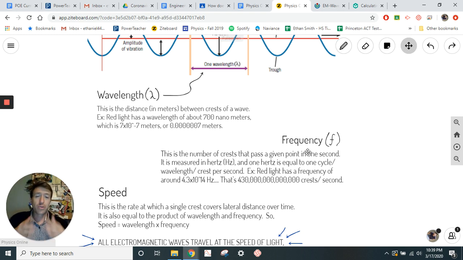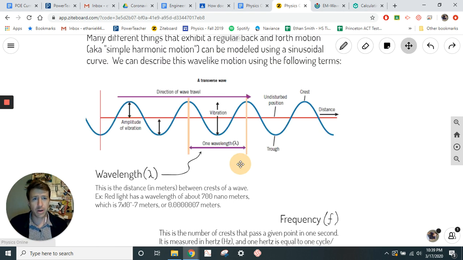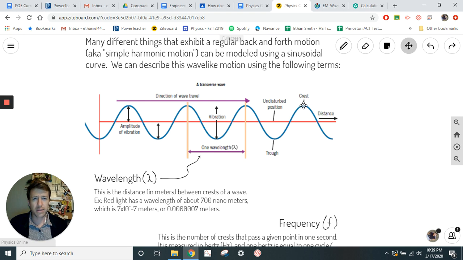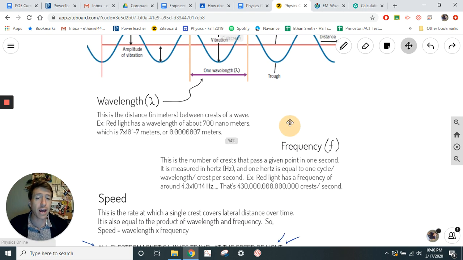Now, frequency is the number of crests that pass a given point in 1 second. So if I'm standing at one point, let's say I'm standing right here, at the top of this crest, and I count for 1 second, and at that point in time, there are 5 crests that pass by me. That wave would have a frequency of 5 hertz.